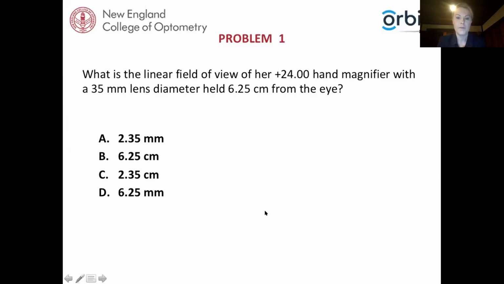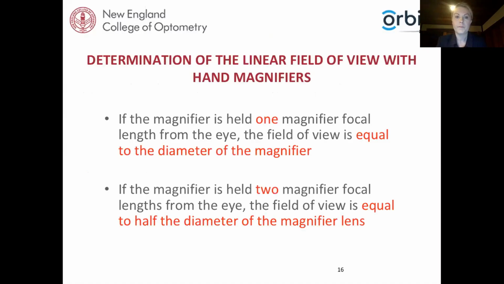Excellent. So it looks like everybody got that question right. So the answer would be 2.35 centimeters. So with this relationship, obviously there's an inverse relationship here. So if the magnifier is held one focal length from the eye, the field of view is equal to the diameter of the magnifier, the linear field of view, that is.